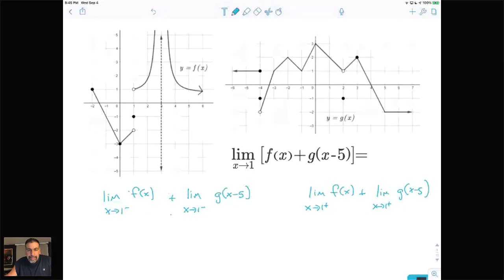We said earlier tonight that if we've got a limit of terms, we can do the limit of each term individually.